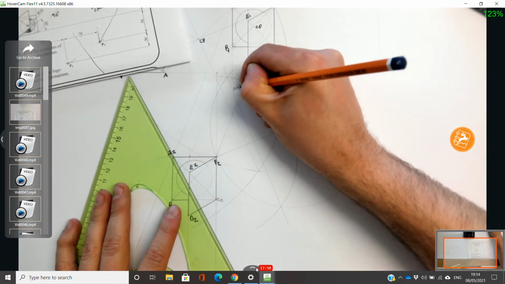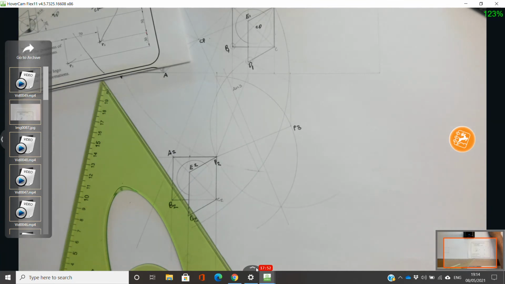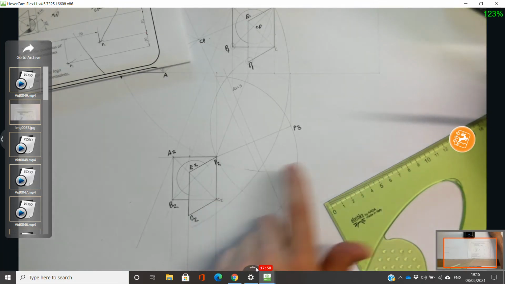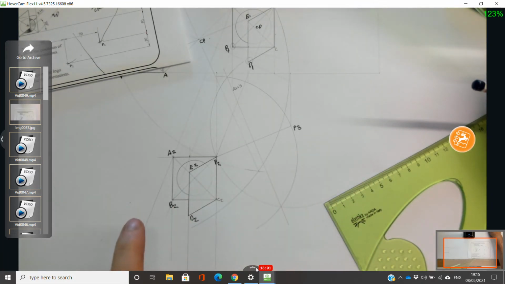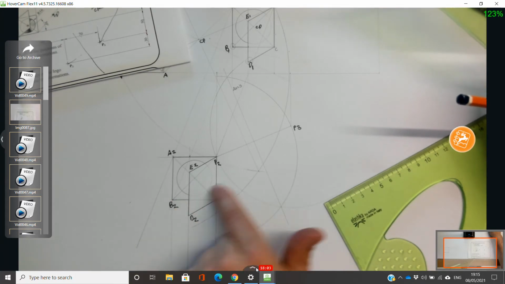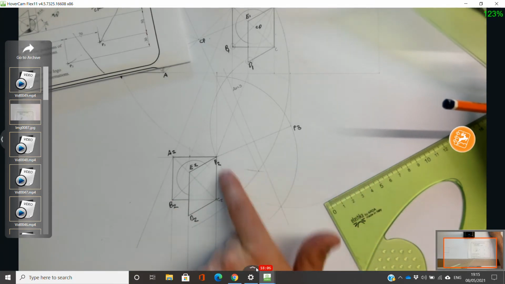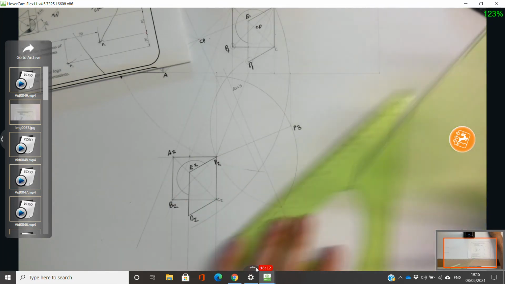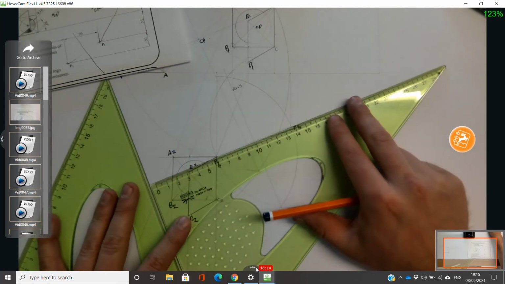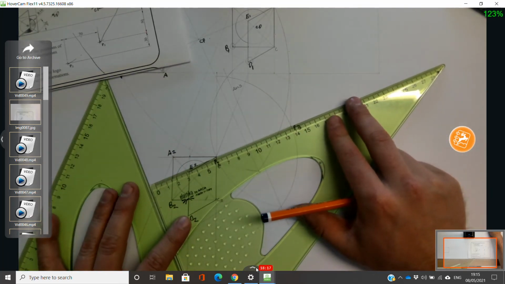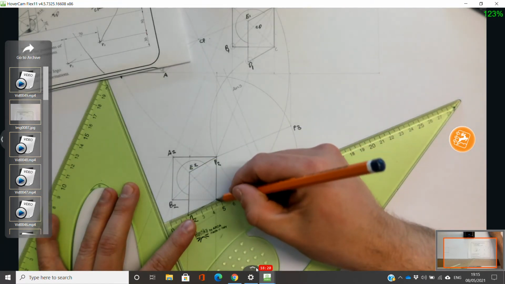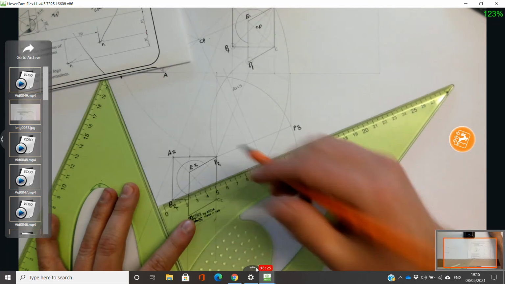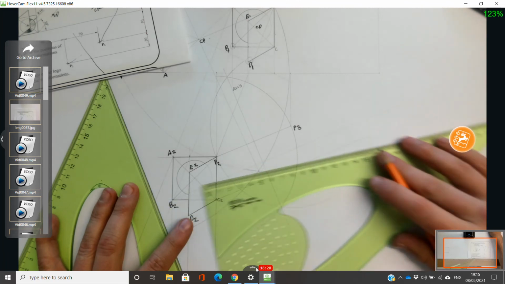Now, let's move only the appropriate number of points. So let's aim to move C2 as well, and we'll move B2 to get an idea where it is, and a reminder that the line P2 to C2 is at a right angle to C2 to B2. So we have to move perpendicular to the axis. So C2 is going to be somewhere along this line, and B2 is going to be somewhere along this line here.